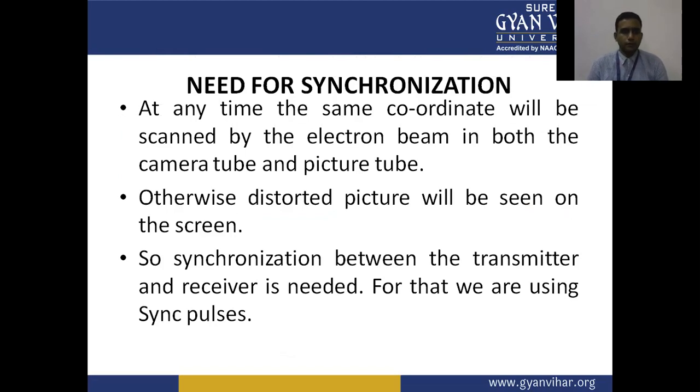Next, after discussing scanning, we need synchronization between the transmitter and the receiver. How are the transmitter and receiver synchronized? A synchronizing pulse is required because the scene is developed by the camera tube at the transmitter, transmitted through the antenna, and received by the receiver system through the antenna.